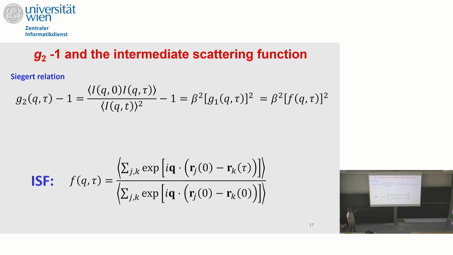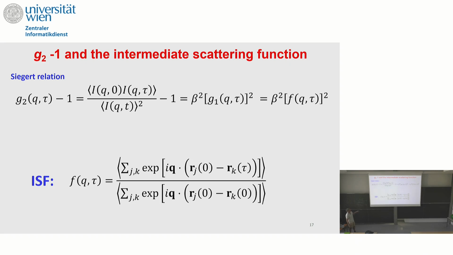It's what is called the intermediate scattering function, ISF. And here is its expression for a set of particles. It is an exponential of i Q vector dot product with the position of particle j at time 0 minus the position of particle k at time tau.